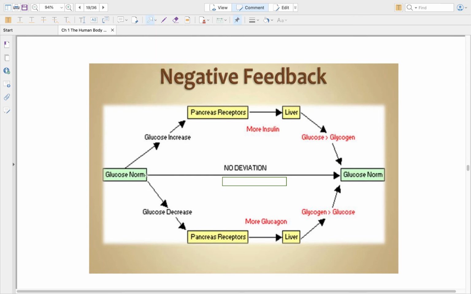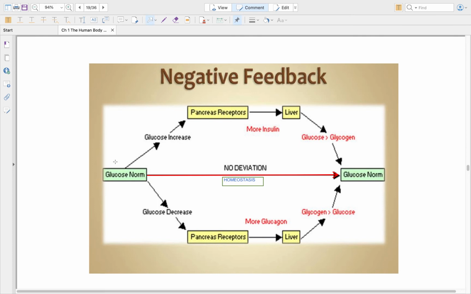It says glucose norm, no deviation, glucose norm. Everything's perfectly perfect there, because this is the body at homeostasis. Homeostasis, remember, means balance. In other words, no deviation. Perfect. So this is how your body normally is, as long as you're not diabetic.